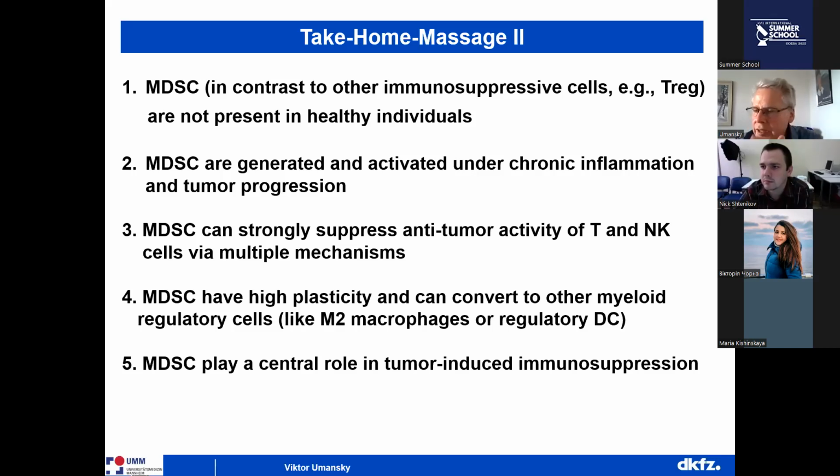But what is important, if the recipient doesn't have any chronic inflammation or tumor development, they have no condition to develop new MDSC. So these MDSCs will just go and then die.